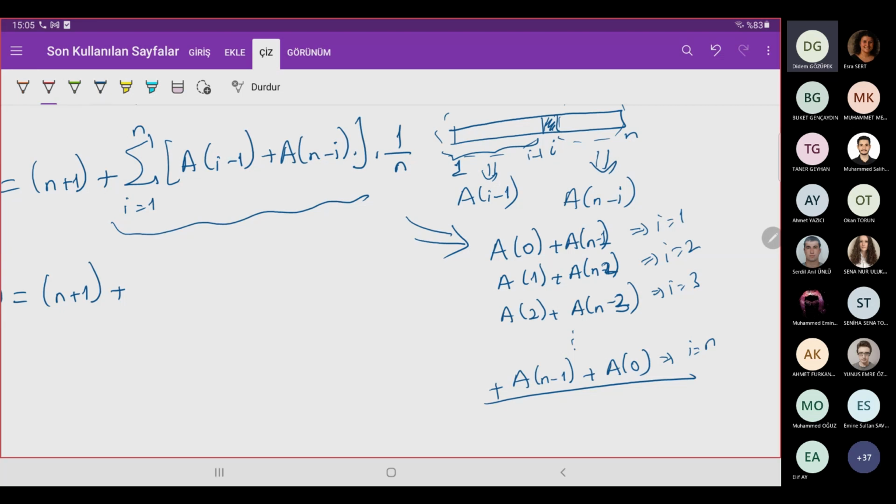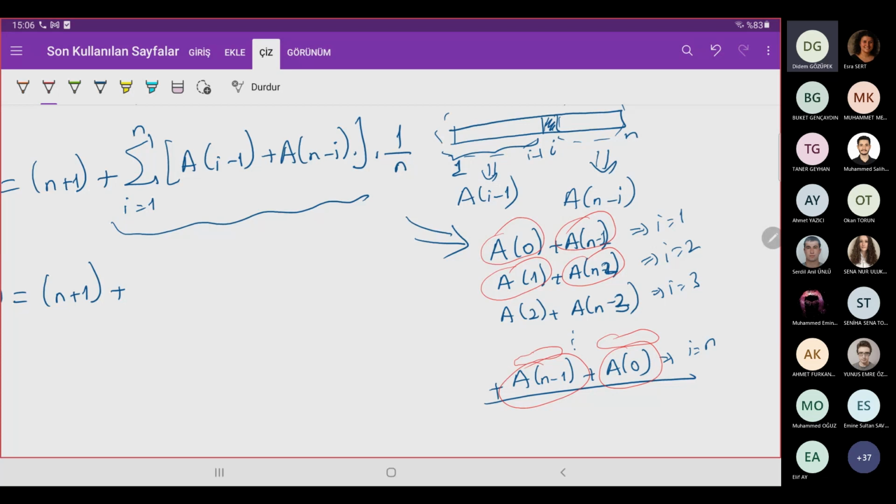Now pay attention to the fact that I have two A_0s, two A_1s, two A_{n-1}s, two A_{n-2}s. I have two from each of these, because I'm summing them coming from left to right and right to left.